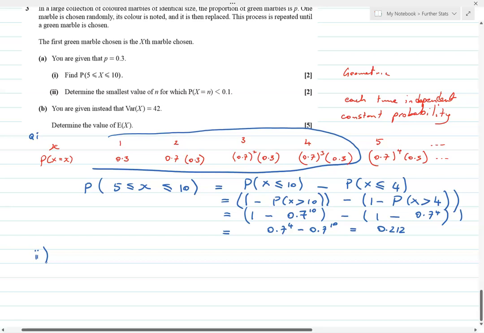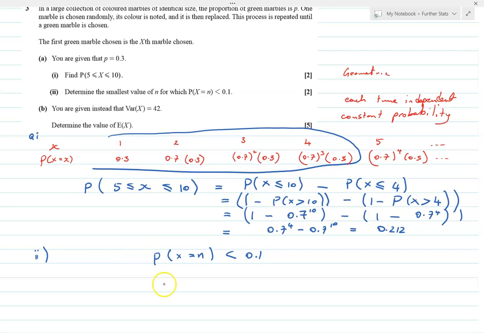You can do this by trial and error, because basically what we need is the value such that the probability x equals n is less than 0.1, but the probability of x equals n minus 1 has got to be greater than 0.1.